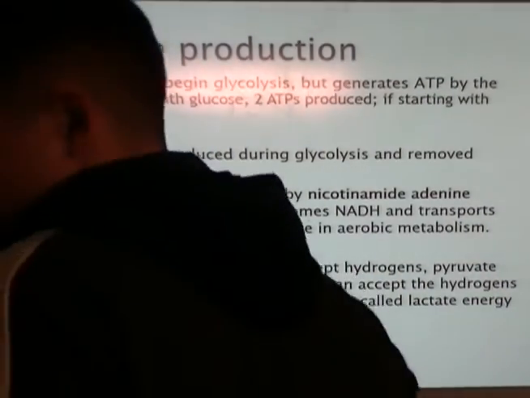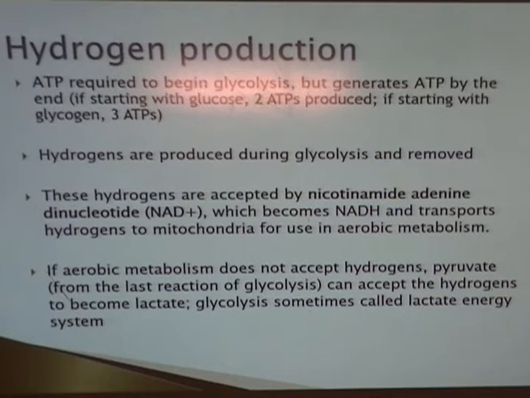NAD and FAD act like a bus system. They pick up the hydrogen ions and remove them to another area of the muscle cell. They're going to take these hydrogens away somewhere else.